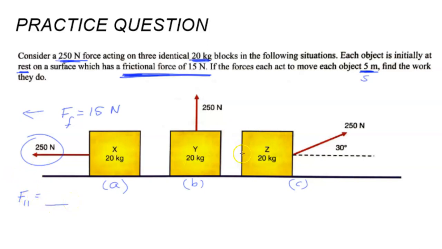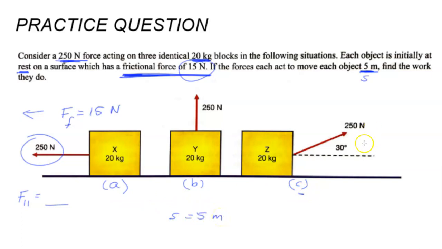In this one, we've got a vertical force only, so this frictional force won't come into it. So it'll be a vertical force up, and as in this problem, the displacement is the same. So we want it over 5 meters.